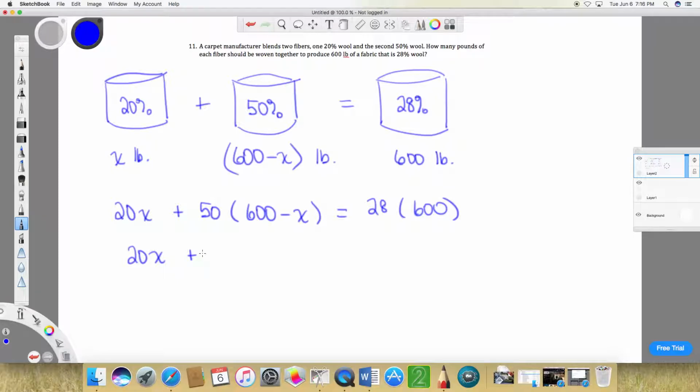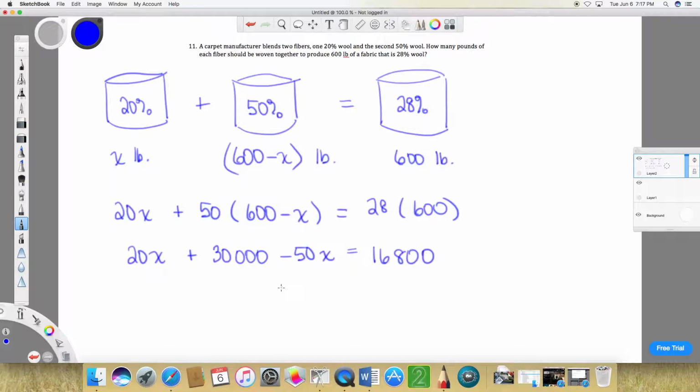Well, the 50 times 600, make sure that you get the correct number of zeros. I believe it's 30,000. It's easy to multiply, but 5 times 6 is 30, and sometimes I make a mistake simply counting my zeros. I'm sure I'm not the only one. 16,800 is what I get for this product.